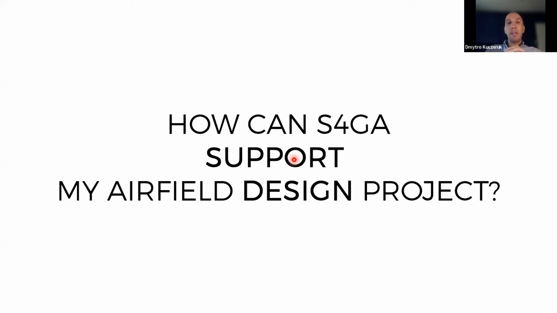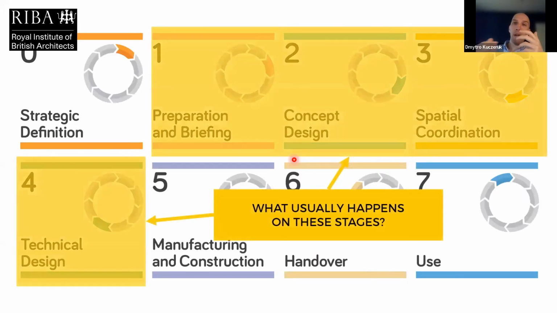So the next question is, how can S4GA support my airfield design project? Let me refer to the Royal Institute of British Architects, or RIBA. This is a plan of work that organizes the process of briefing, design, construction, and operating of infrastructure projects into 8 different stages.